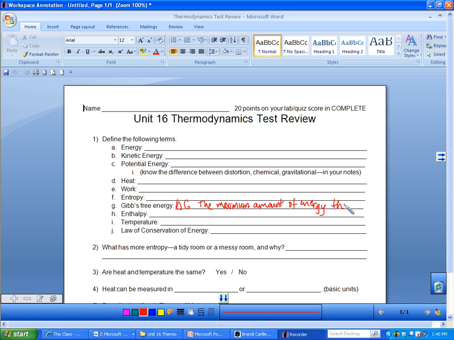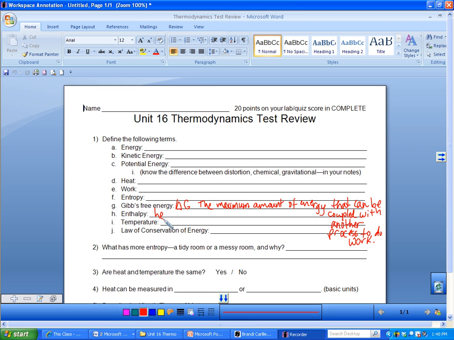That can be coupled or hooked up to another process to do work. Okay.